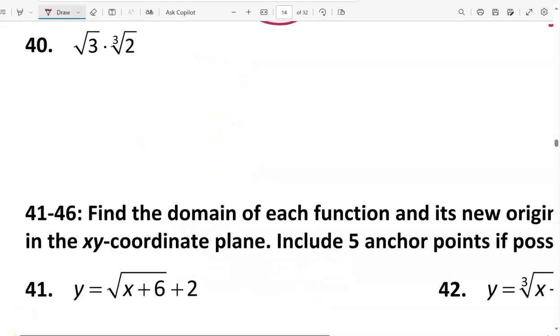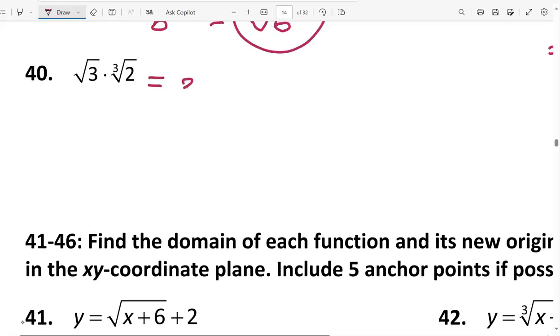Last one in this section. This one's a little bit different. Notice we have different radicals. We have a square root and a third root. And we have different radicands, 3 and 2. So I'm just going to rewrite this as 3 raised to the 1/2 times 2 raised to the 1/3. The only way we can combine these is if the root is the same. And so what we need is a common denominator of 6.